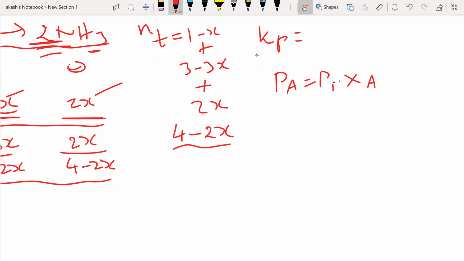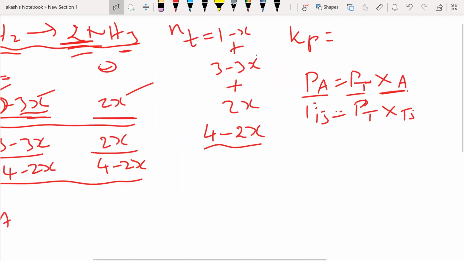Same way, PB will be equal to P total into XB. So you have to remember this, guys: partial pressure, total pressure, mole fraction. This equation you have to remember. A lot of times we'll be using it in the equilibrium chapter, especially in Kp equations.